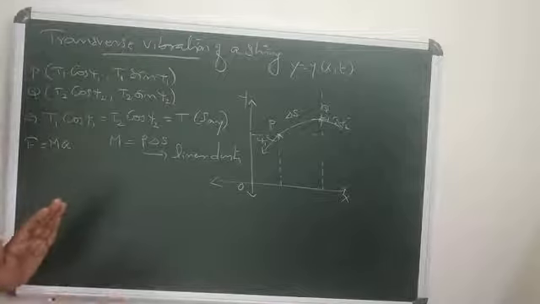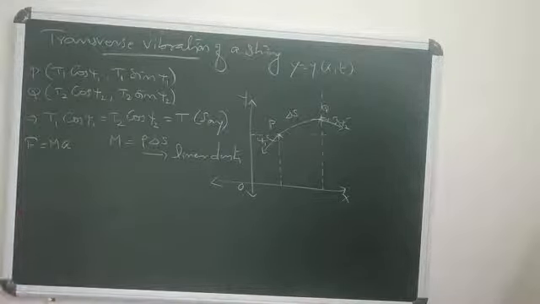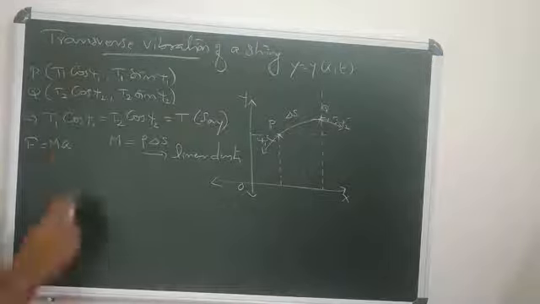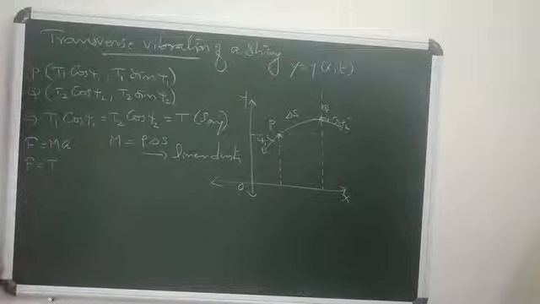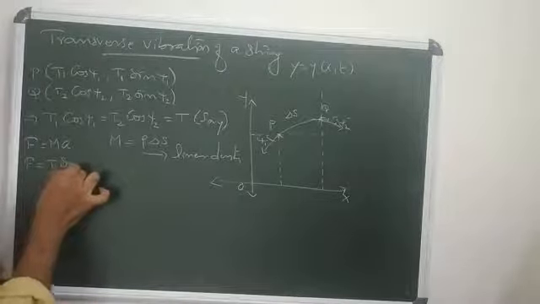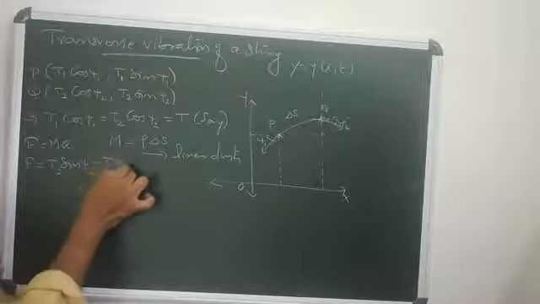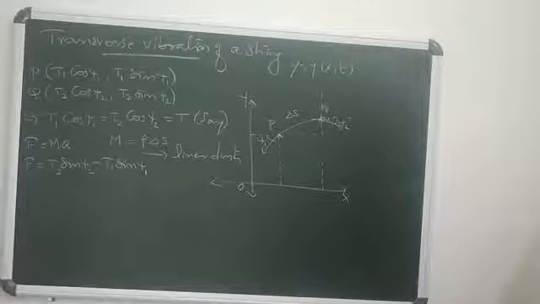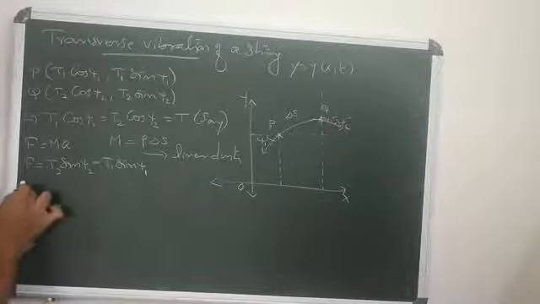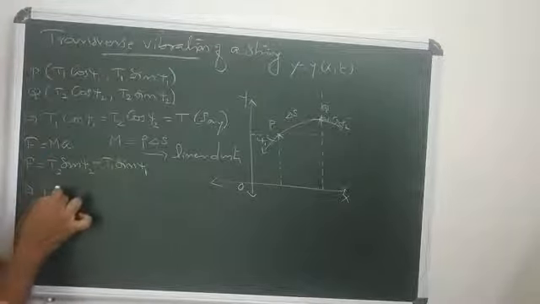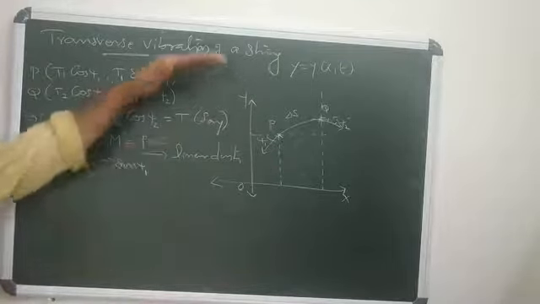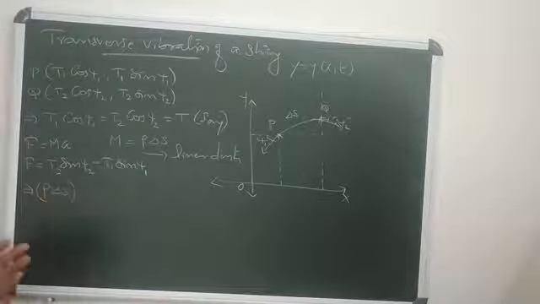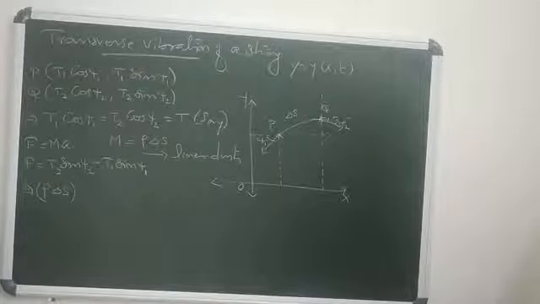Also, since the force is acting there, there is a displacement in y direction, which means its y coordinate changes. So what is F? The force is T2 sin psi 2 minus T1 sin psi 1. Clear? So force is mass into acceleration, where mass is rho delta S, and acceleration along y direction is del square y by del t square, the acceleration at any time t.